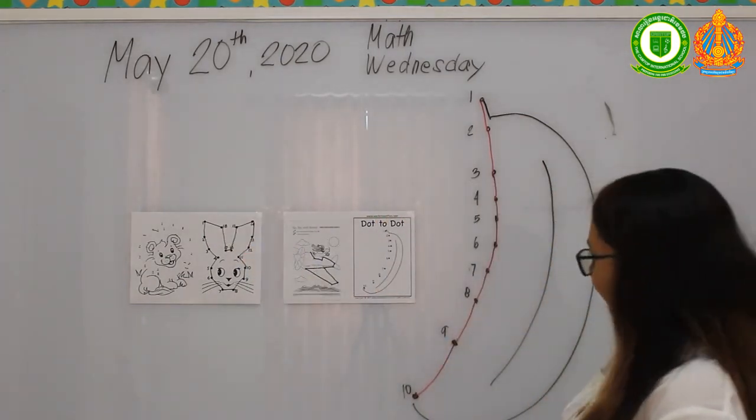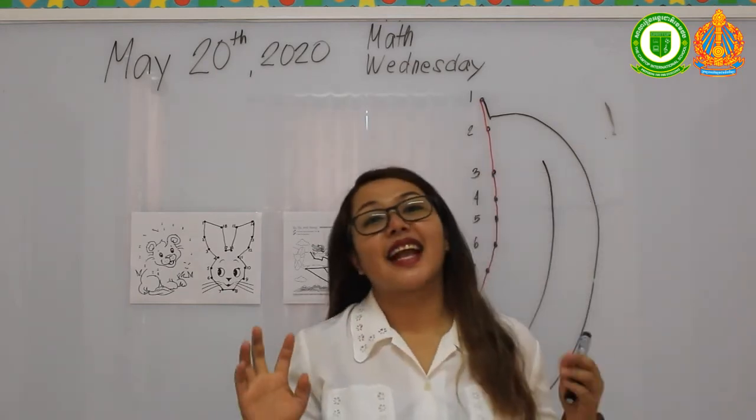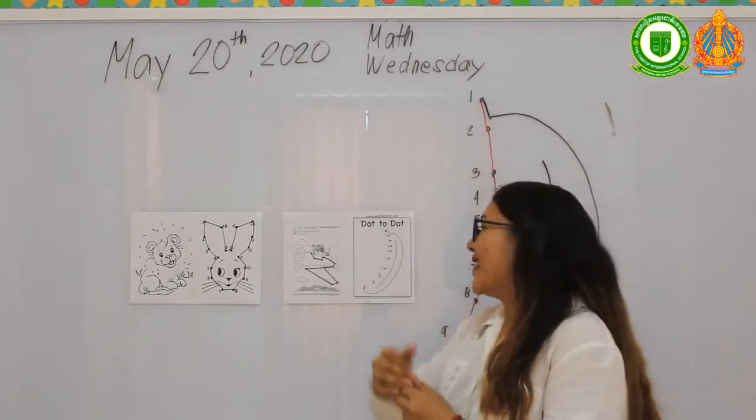Oh, it's a cat. I guess so. I think it's a cat, right? Okay, so there you go, kids.